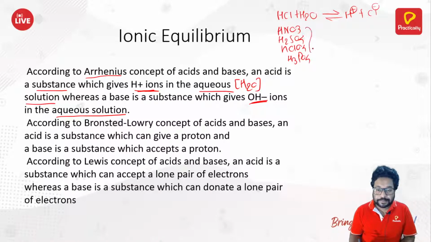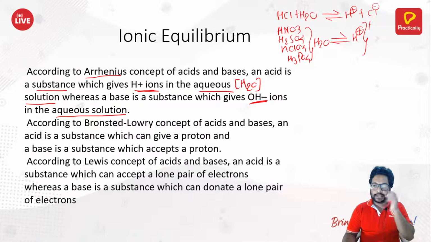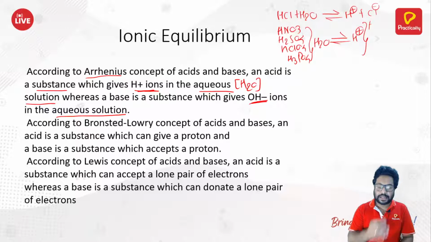All of them on reaction with water release H+ ion plus their corresponding conjugate base. For example, in HNO3 it's NO3-, in sulfuric acid it's HSO4-, in HClO4 it's ClO4-, and in H3PO4 it's H2PO4-. But that's a different thing. So all of them are Arrhenius acids.